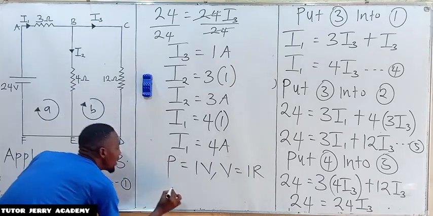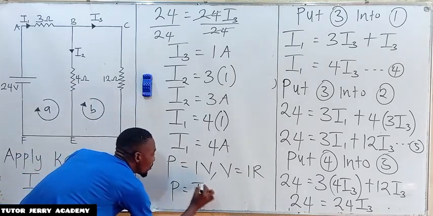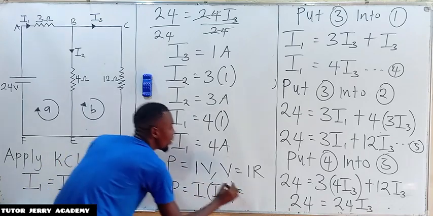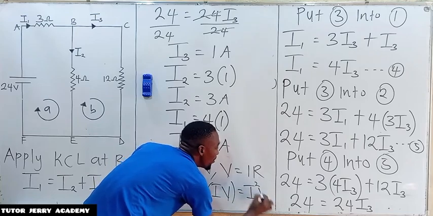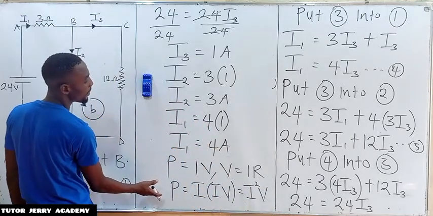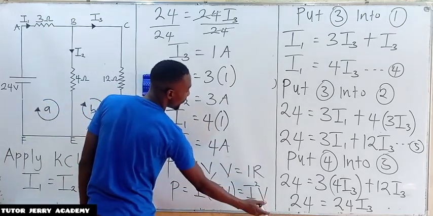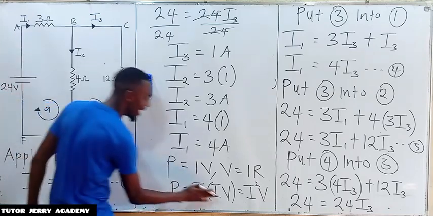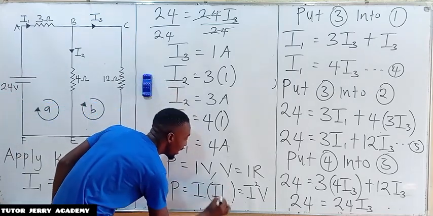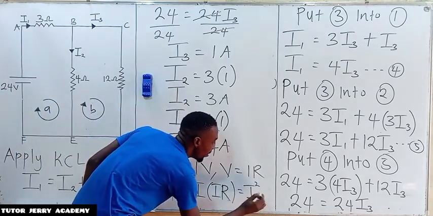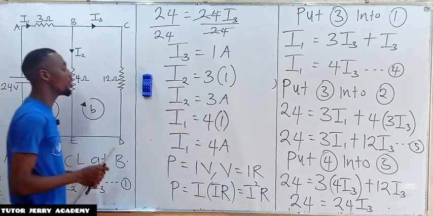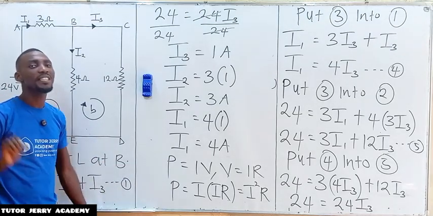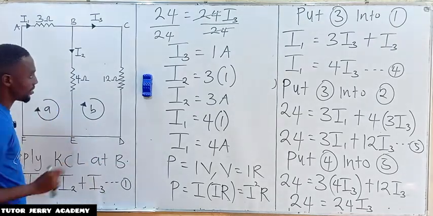So if we substitute that here, power will be equals to I into IR, which is going to be equals to I squared R. So we are going to be using P equals I squared R to calculate the power developed in each resistor.